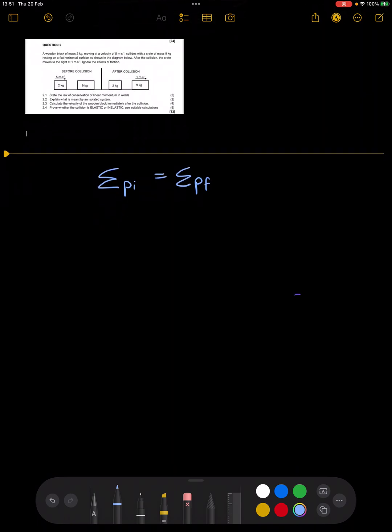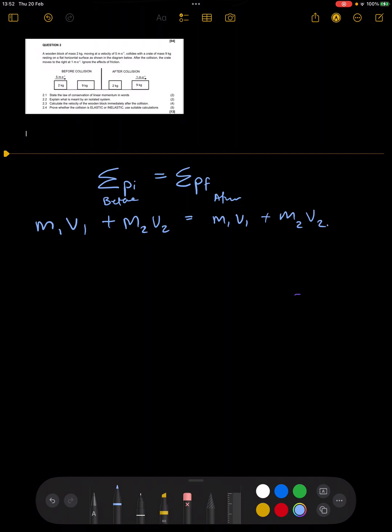Because there are two blocks, I have to take the formula for momentum, which is mass times velocity. I'm going to take it for the first block and add it to the second block. This is before. Then I'm going to do the same thing after, using the same formula.